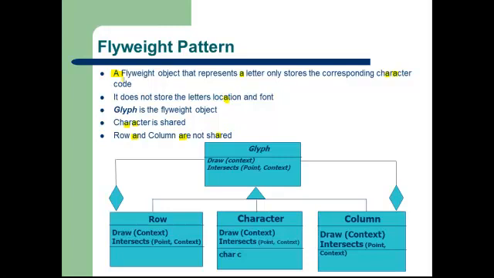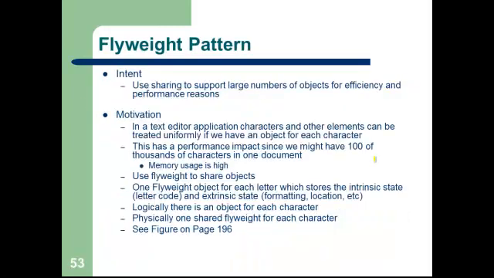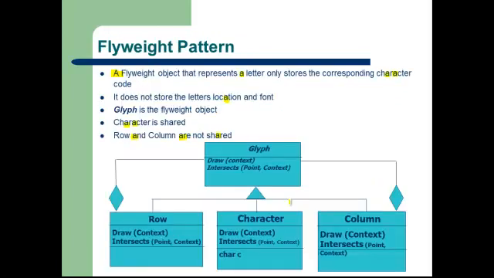Sometimes it's capitalized. That's called extrinsic state, which basically is the format, capitalization, the font, and we would have an intrinsic state, which is the actual letter A, and then capitalized, or A bold, or A red.